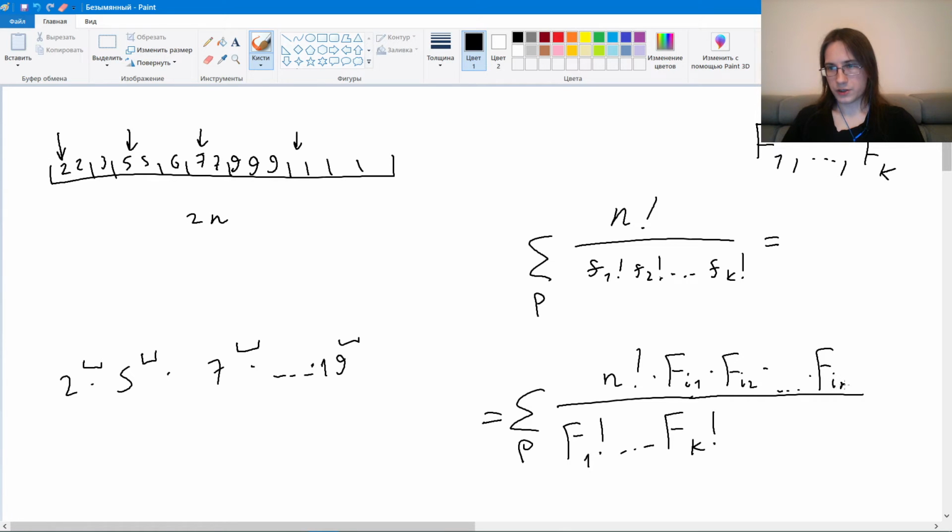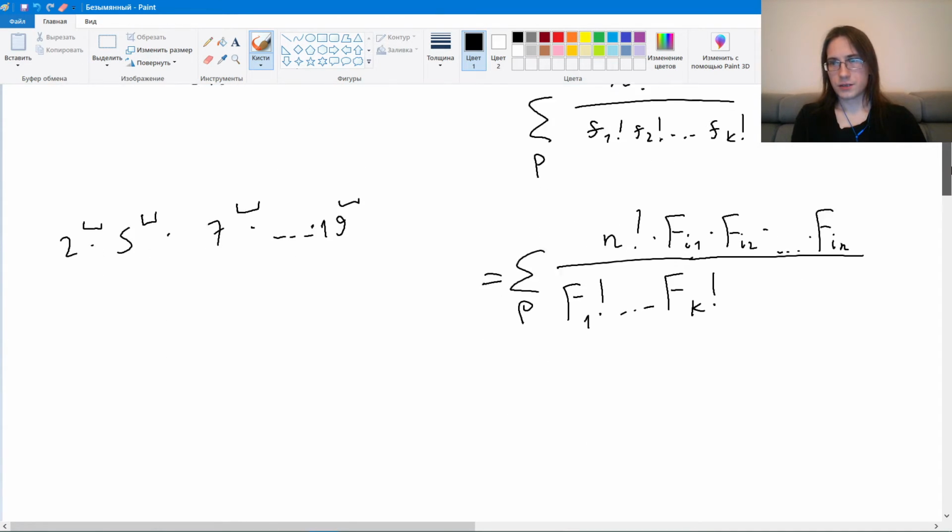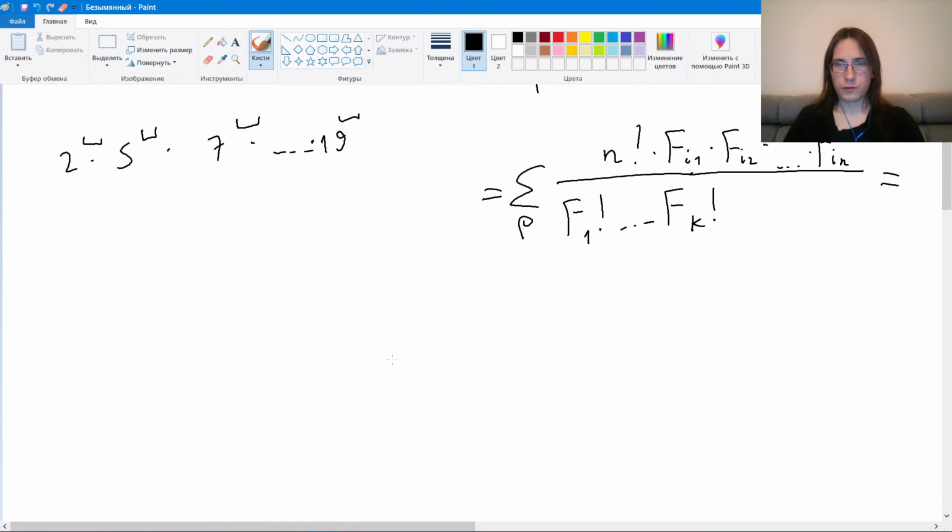Why n? Because those i1, i2, etc. in are the values, the prime values that we chose to serve as our p values. And now we can see that this is just equal to, we can put this expression outside the summation, because this will be the same for every different set of p-values.